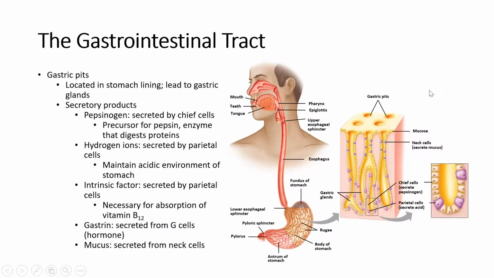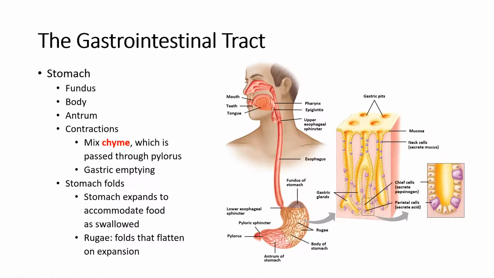The greater and lesser curvature aren't being shown here; we'll talk about them in the lab, but the greater curvature is the outer curvature of the stomach, and the lesser curvature is the inner curvature. And then we also want to point out the pyloric sphincter, which is found around the pylorus, and the lower esophageal sphincter, which is found at the distal part of the esophagus.